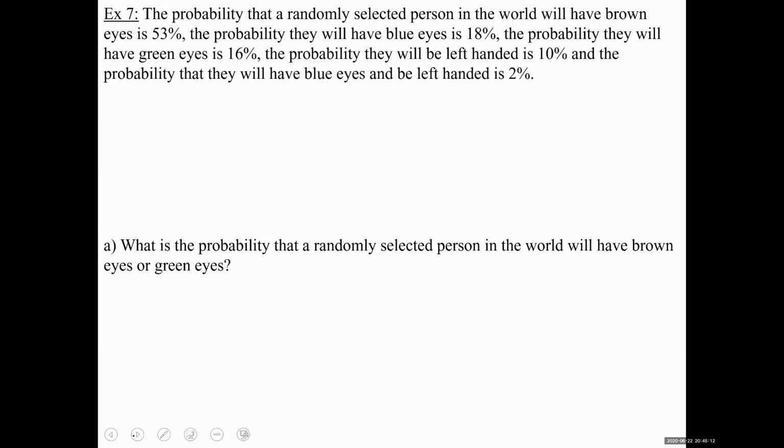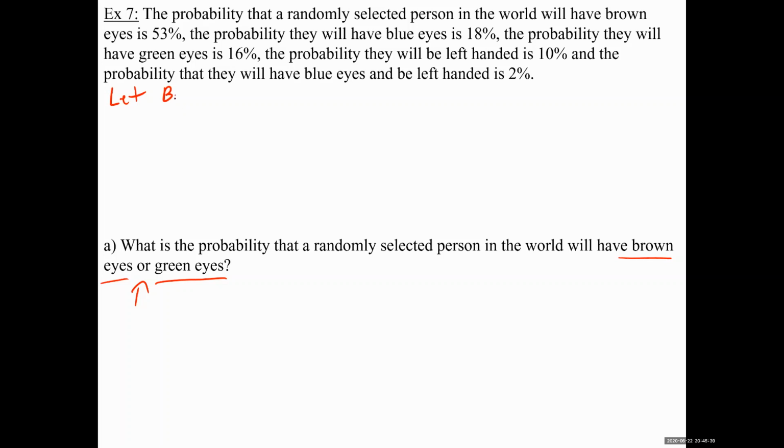Okay, very first thing is I need to write down letters for events. What do I need here? What's the probability the randomly selected person in the world will have brown eyes? We need something for brown eyes. We're not going to write the word or anywhere. We need something for green eyes. I'm going to put BR, because there's also blue eyes. If I put B, you're not going to know if I'm talking about brown or blue, so I'll put BR for brown.